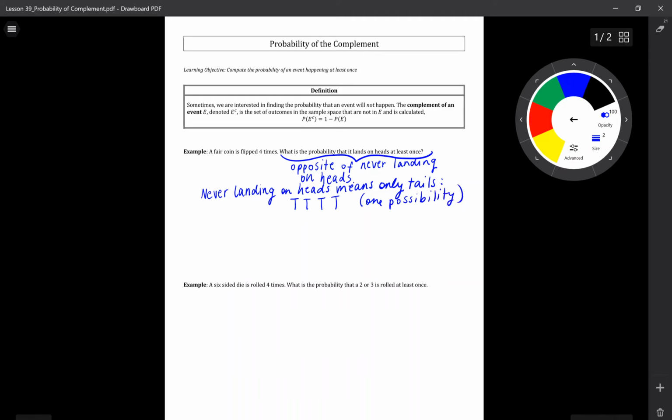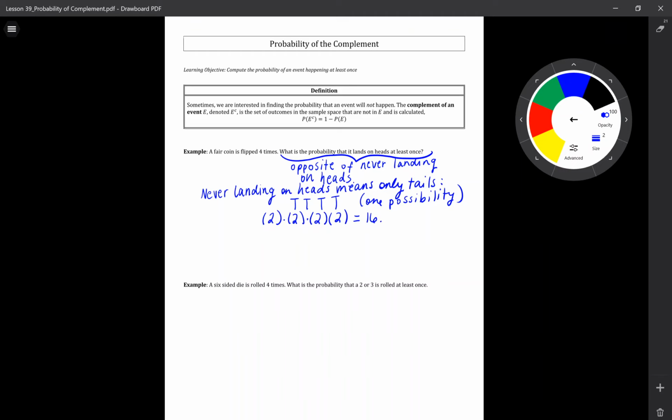How many possibilities are there for flipping a coin 4 times? The order does not matter here. So there are 2 possibilities for the first flip, 2 for the second flip, 2 for the third flip, and 2 for the fourth flip. So total, the number of elements in our sample space is 16.